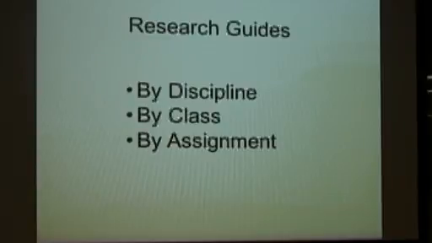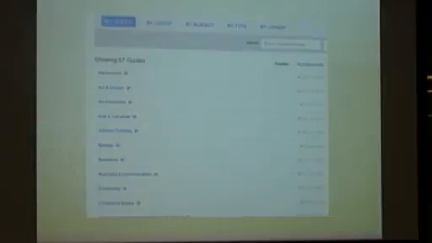We have guides in there by specific classes. I know the children's literature class, we have one just for them in there, children's books. Then we'll even go down within a class and help you and create an assignment one as well. And I'll show you a few of those in just a minute.